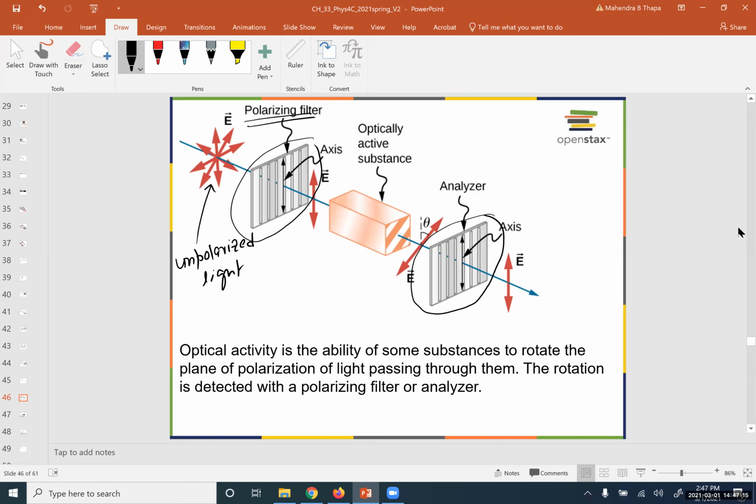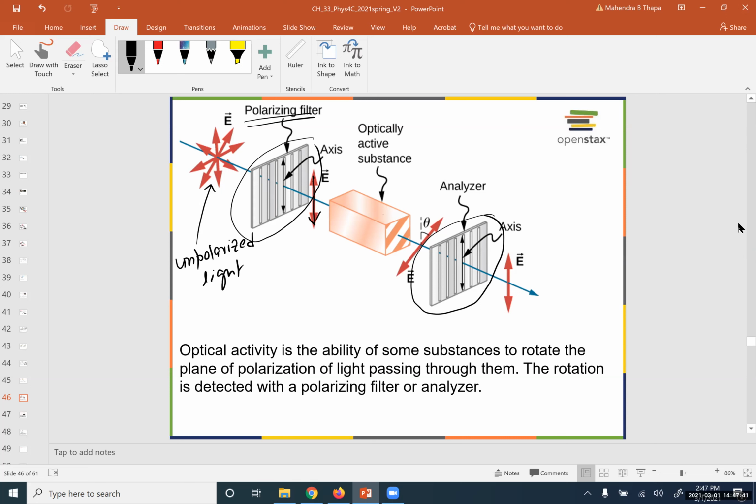Then we put in another substance, called the optically active substance, which only allows light if its plane is parallel to its axis. If it is not parallel, we don't see any light coming through.